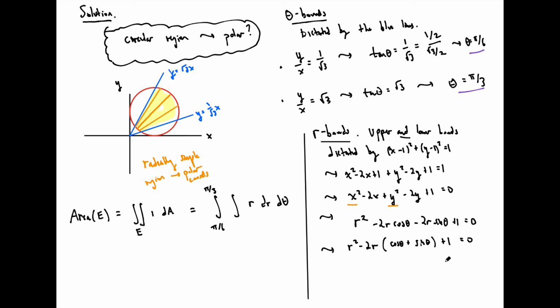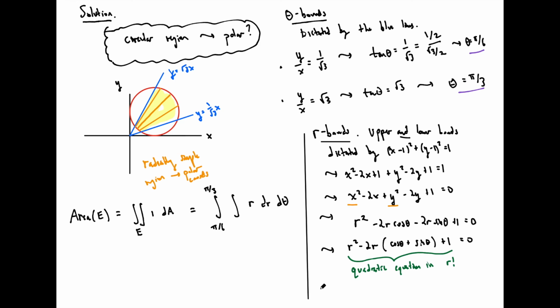And it looks a little intimidating, but, and this is kind of the magic of this problem, this is a quadratic equation in r. So it seems a little weird, but we can use, for example, the quadratic formula to solve for r.